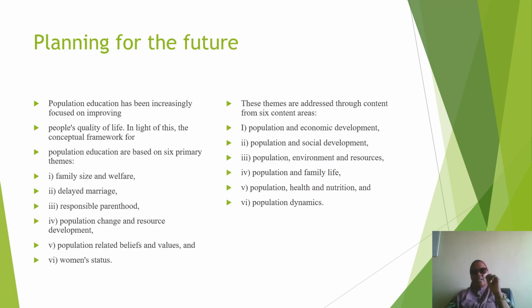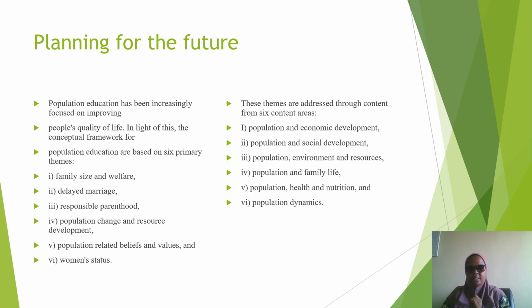The last but not the least, we have the planning for the future. Population education has been increasingly focused on improving people's quality of life. You know, we emphasize more on quality of life because we want people to live quality life. In the light of this, the conceptual framework for population education is based on 6 primary themes.